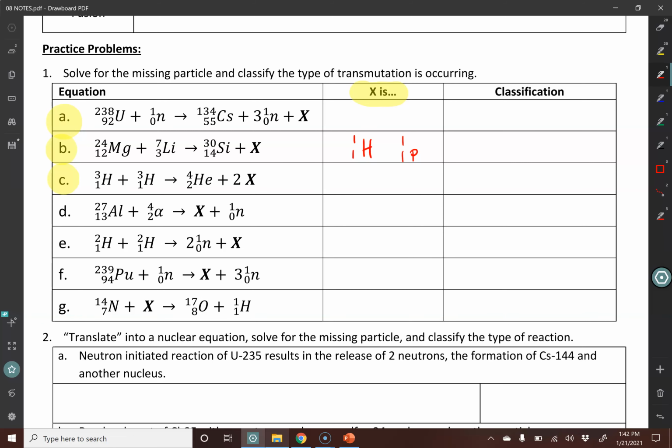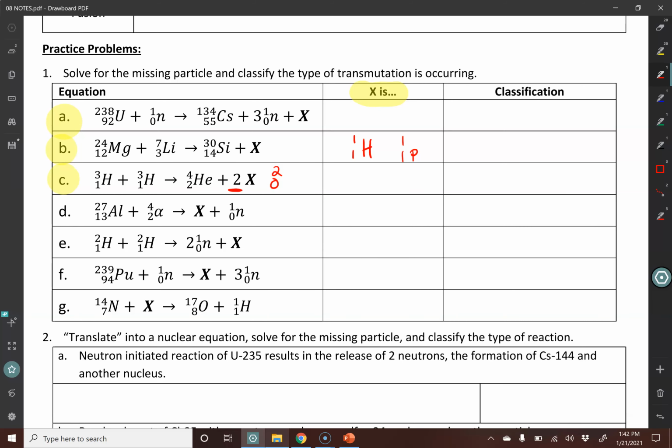All right, so hopefully you notice that there is a coefficient of 2 in front of our unknown particle. So this makes it a little bit more difficult. I've got a mass of 6 on the reactant side. I have a mass of 4 on the products. So total, I have to have a mass of 2. 1 plus 1 is 2. I already have 2 on the product side. So 0.